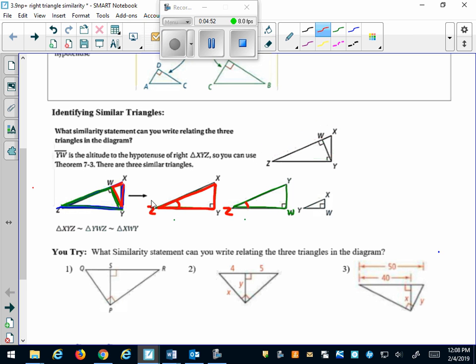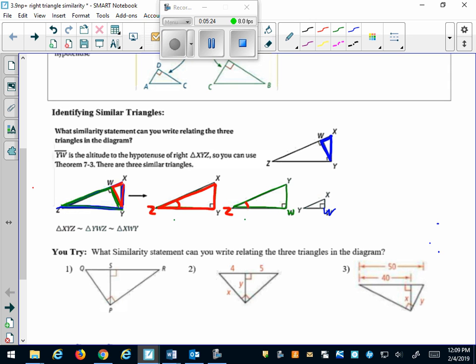Then we get to the smallest one, and now we're trying to label that. I know this is already drawn and labeled for you, and I'm just going over how you would label it. But let's make the smallest one blue now, right? If you look at the blue triangle, where's the right angle? Which letter? W. So that's why you would put a W there. Then look at what angle is shared with the original.